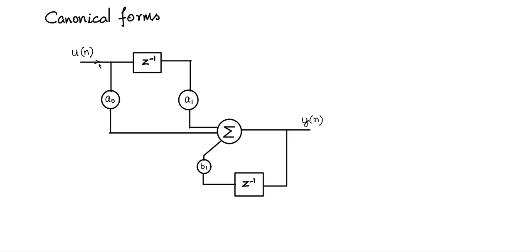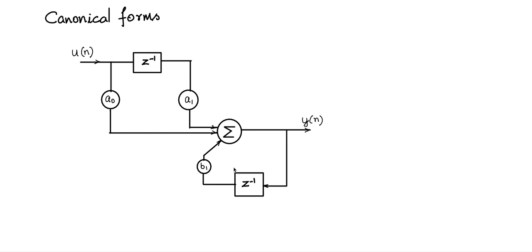So if you see the arrows, the signal flows in this direction through the A0, through the unit delay A1, and takes the feedback through the unit delay block and to the summer. So this is the first order IIR filter.